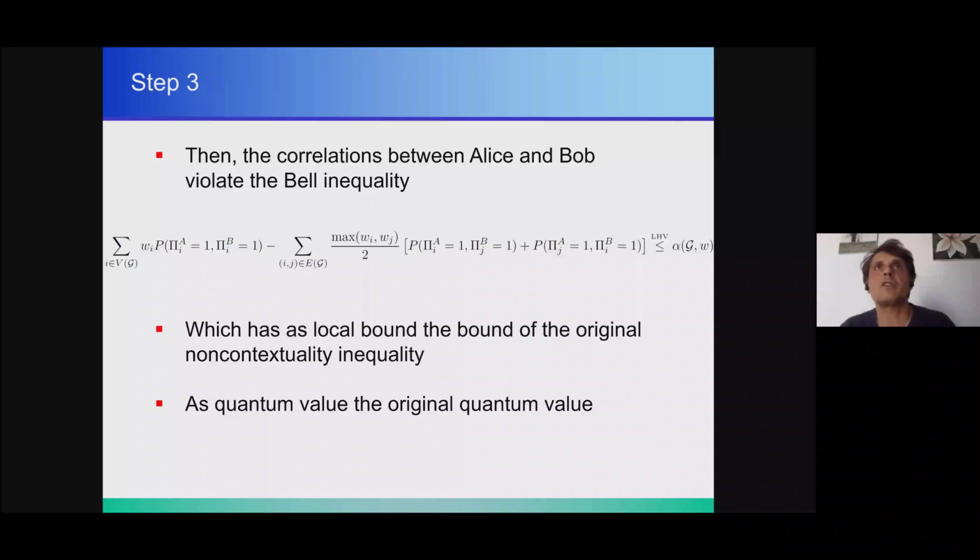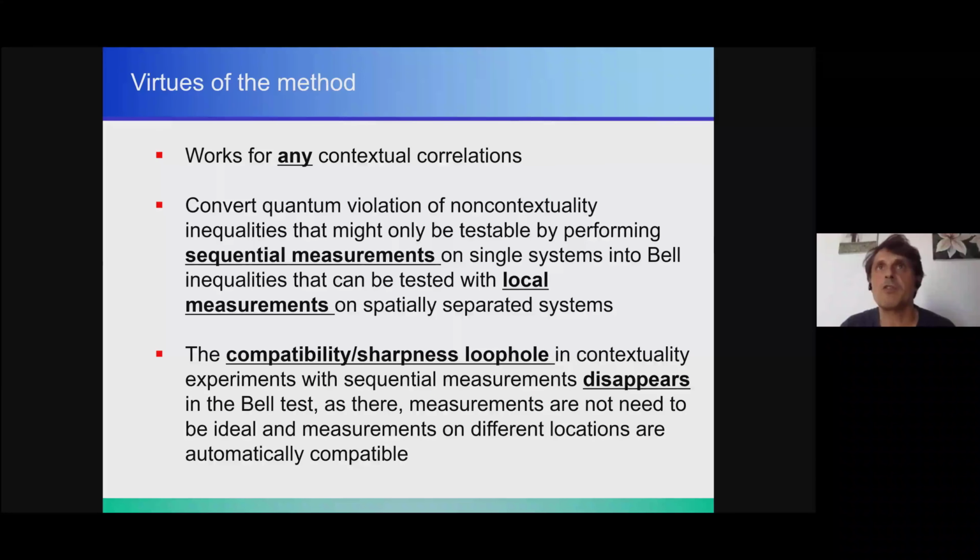So what are the virtues of the method? It works for any contextual correlations. It converts quantum violations of non-contextuality inequalities that might only be testable in the lab by performing sequential measurements on a single system into Bell inequalities that can be tested with local measurements on spatially separated systems.